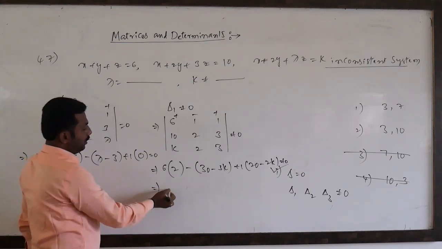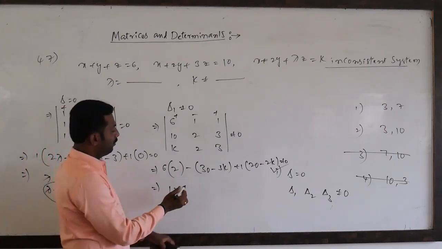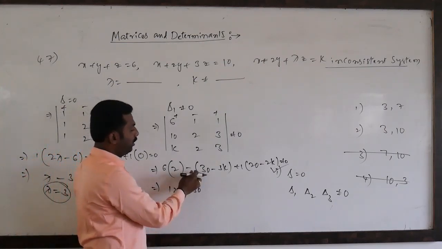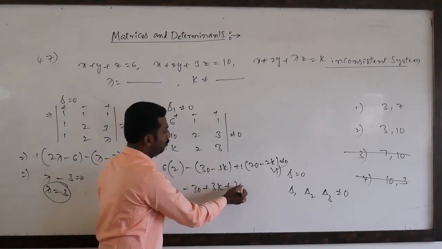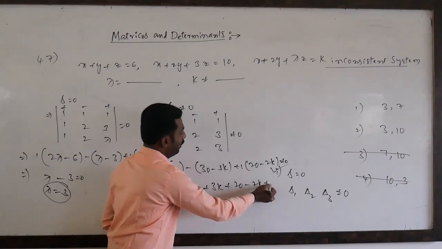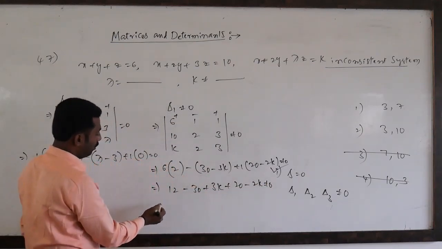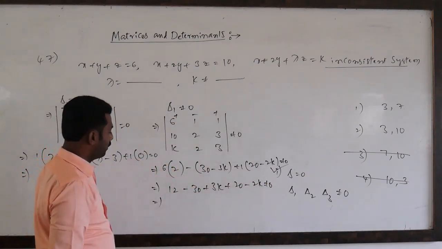So this is 12 minus 30 plus 3k plus 20 minus 2k, not equal to 0.